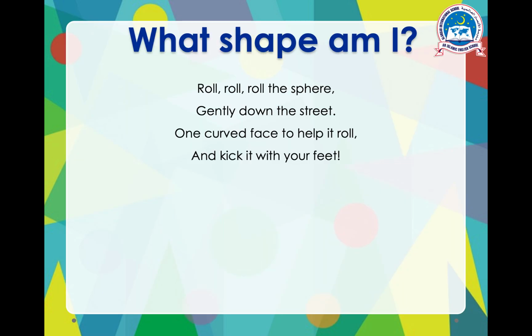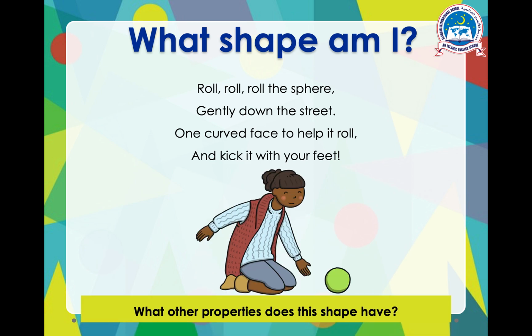What shape am I? Roll, roll, roll the sphere gently down the street. One curved face to help it roll and kick it with your feet. Can you guess what shape this is? If you've guessed that this is a sphere, well done.